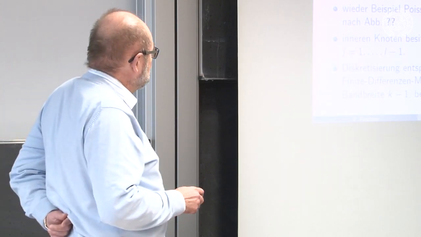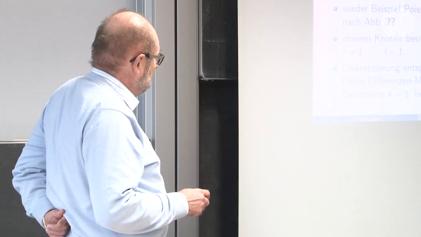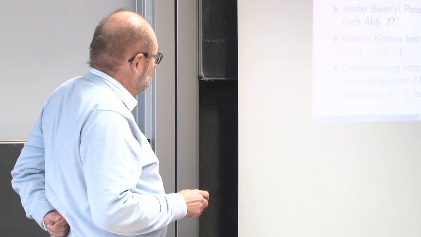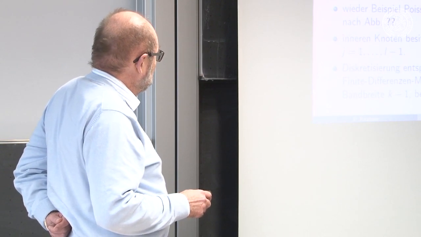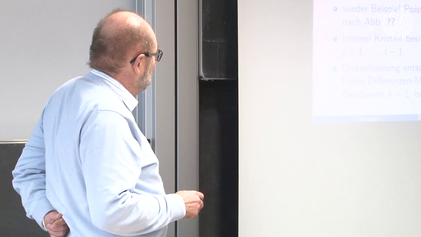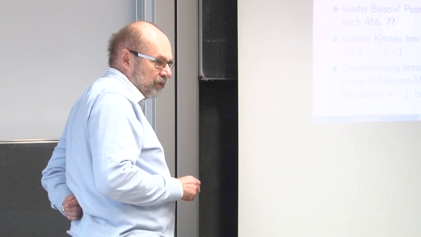If we look at the Cholesky method, we know if the overall dimension is capital M cross capital M, and we have a bandwidth of small m, we need small m squared times M operations.